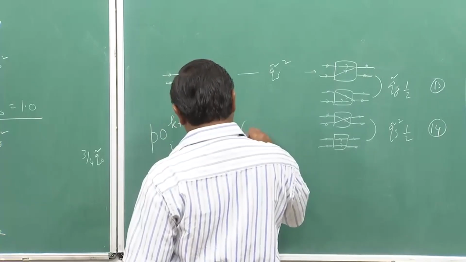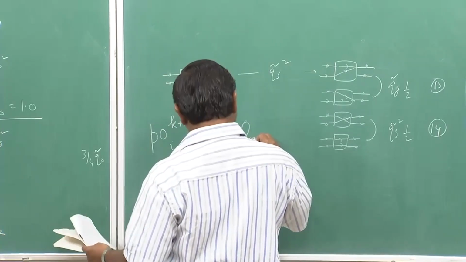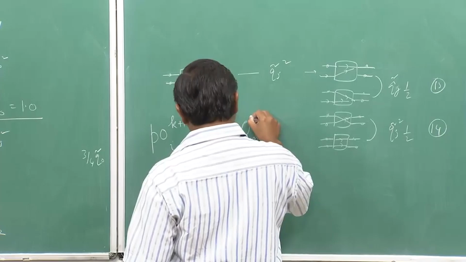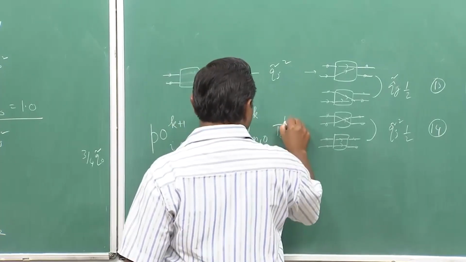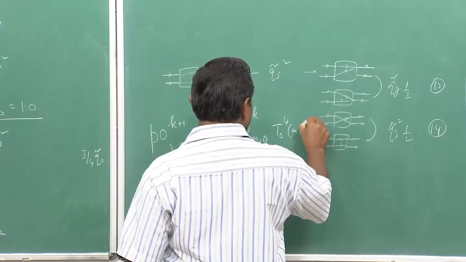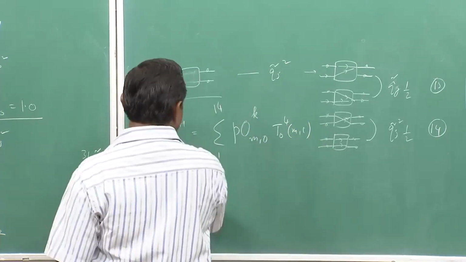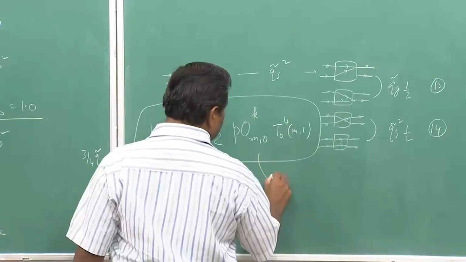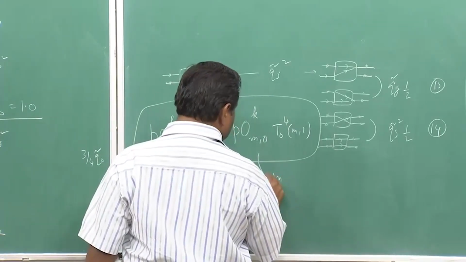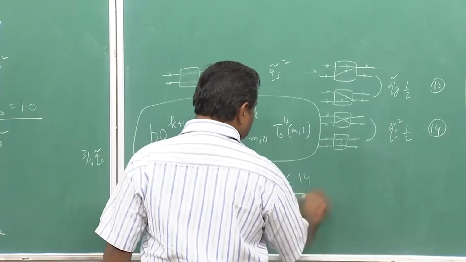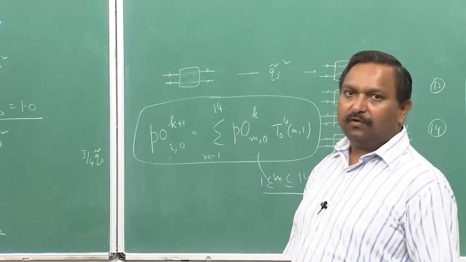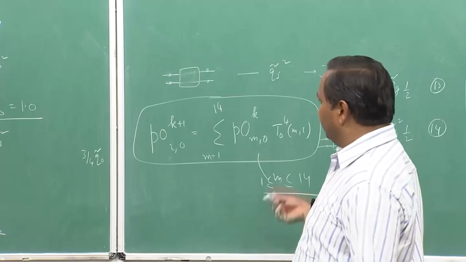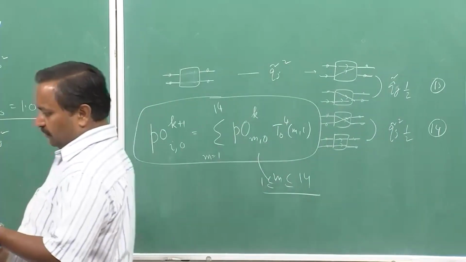So, P 0 m stage 0 in k, T 0 4 m I. So, this will be the equation where m will go from 1 to 14. So, for t pass is equal to 0, we wrote a generic equation, this is for stage 0.